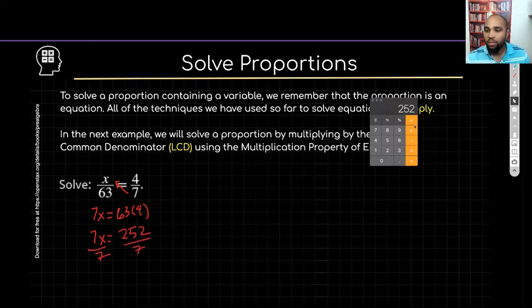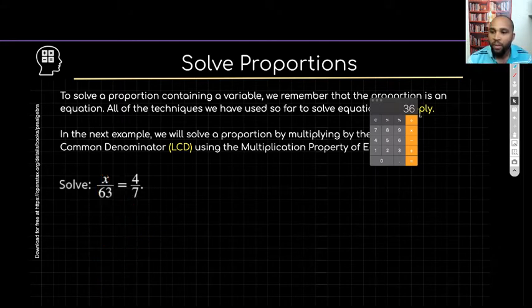Doing so gives me 36. X equals 36. We could check our answer here by putting 36 in here and dividing, to see if we come up with the same thing. Do 36 divided by 63, and 4 divided by 7, to see if it gives us the same value. I'm sure it will, but you can double check that on your own.